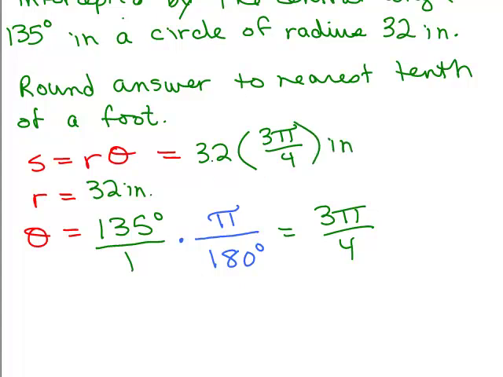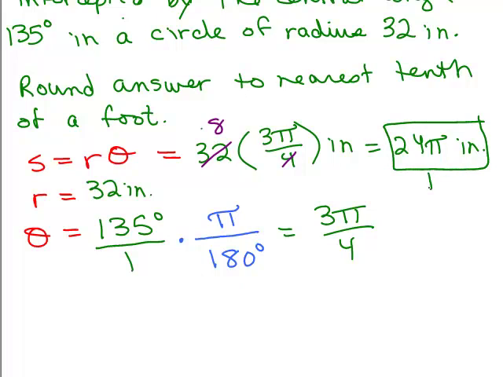Does anything cancel? The 4 goes into 32 8 times. So I get 8 times 3, 24 pi inches. Now, that's the exact answer.